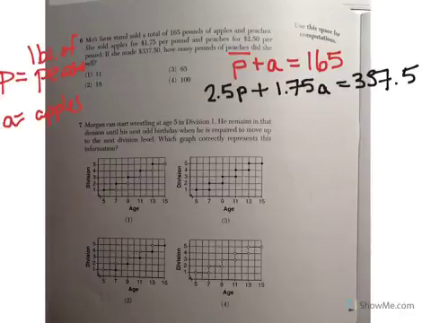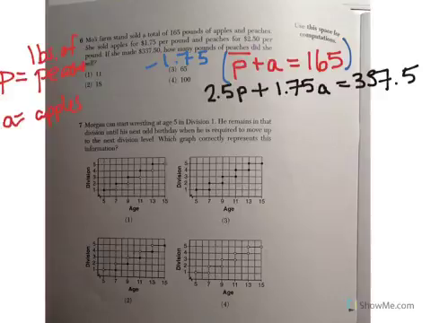Since I want to solve for P, what I want to do is elimination where my A's cancel, so then I'm just left solving for P. In order to do that, I need to multiply the first equation by a negative 1.75 so that my A's will cancel.